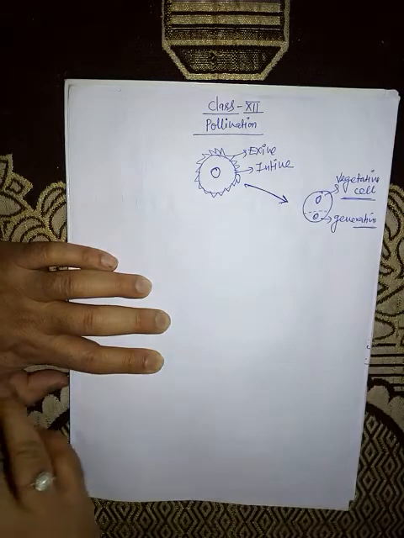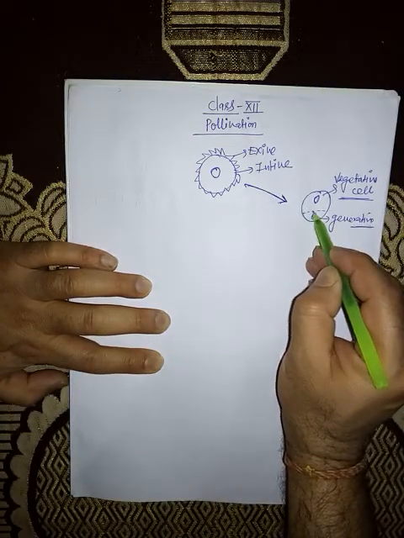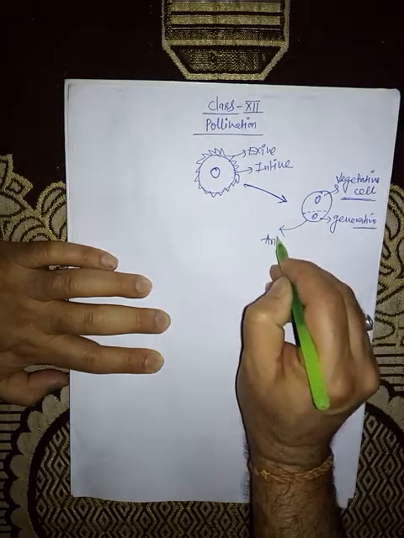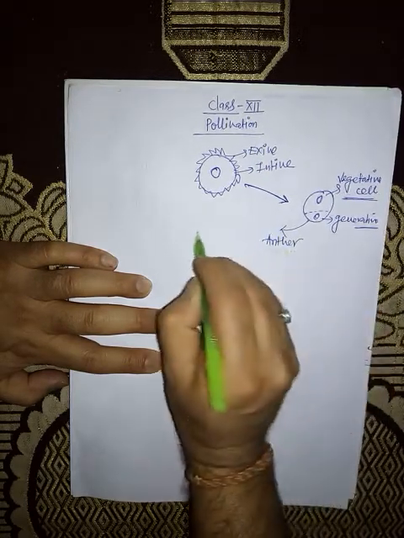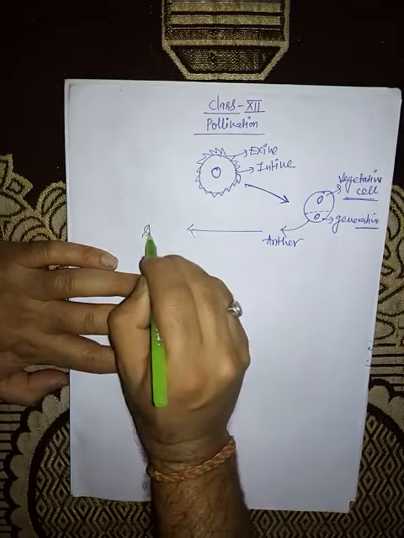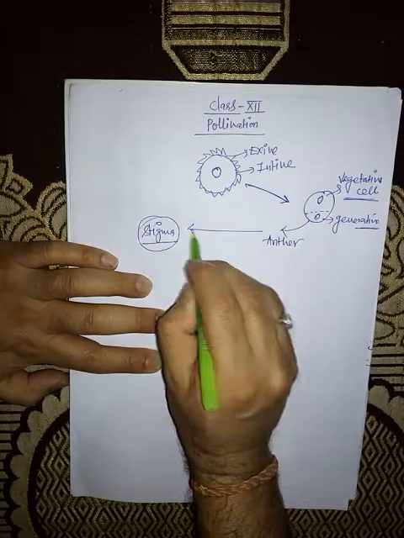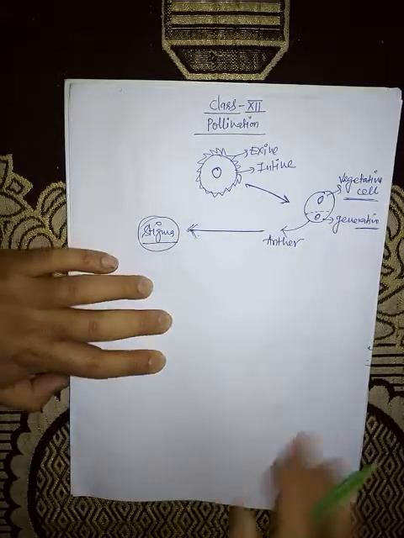Vegetative cell and generative cell. So in that stage, the pollen grains are transferred from the anther to the stigma, right? So this process is called pollination. Clear?